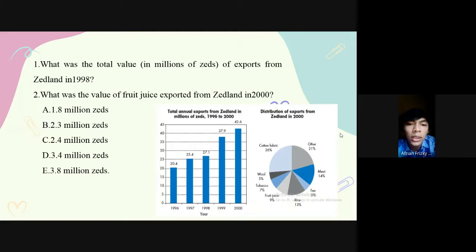Here, the student is given a circle diagram, and then the student must read the diagram. So each student must use their mathematical literacy to solve this problem.